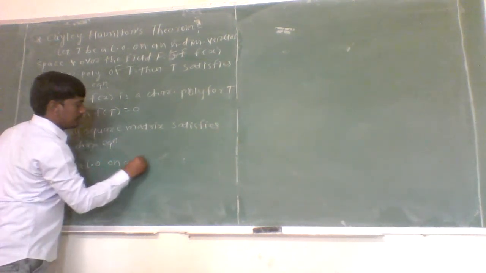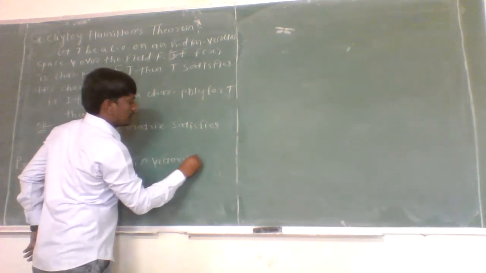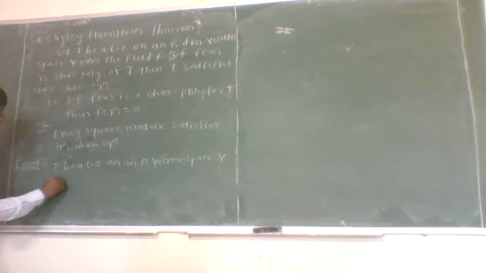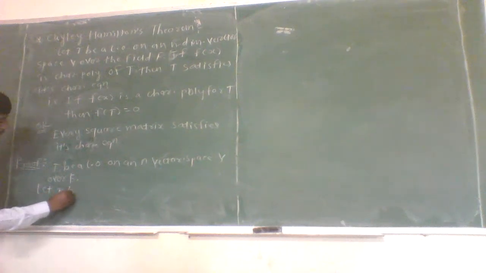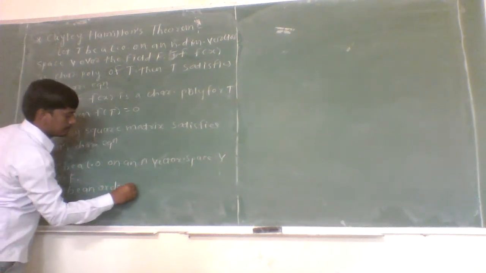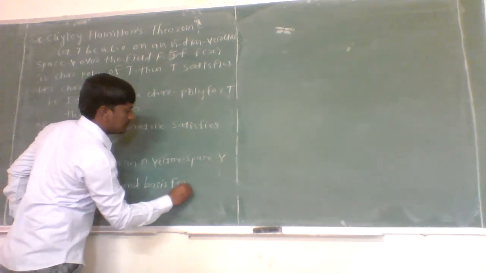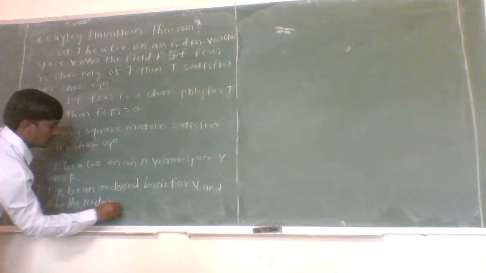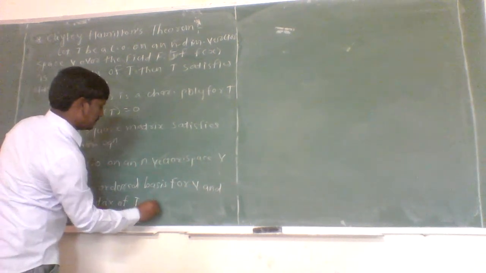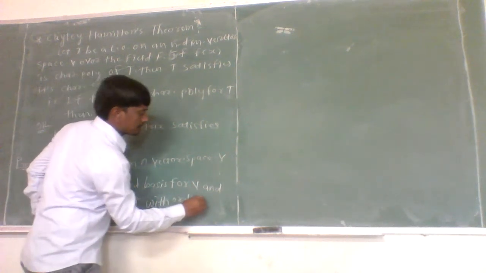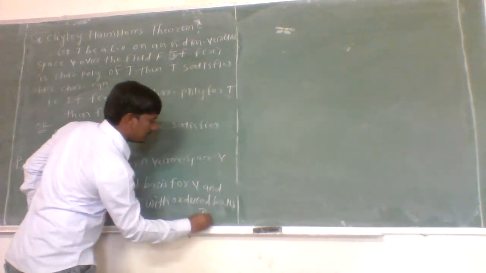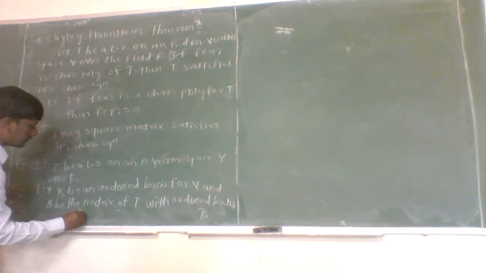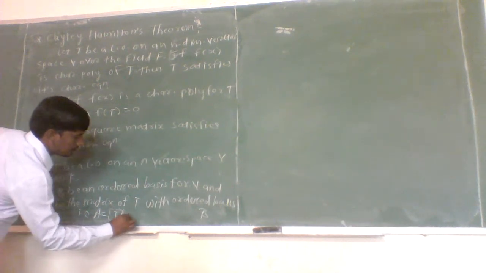Given that T is a linear operator on an n-dimensional vector space V over F, let B be an ordered basis for vector space V, and A be the matrix of linear operator T with ordered basis B.